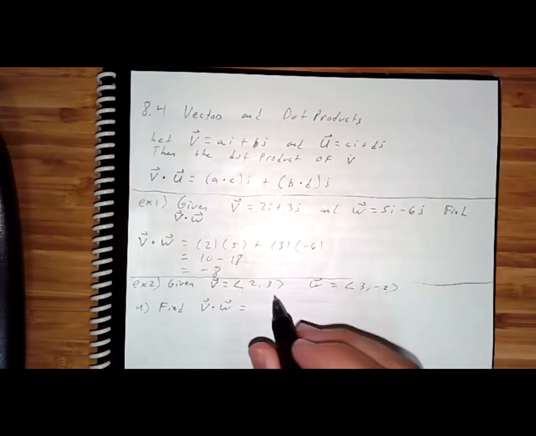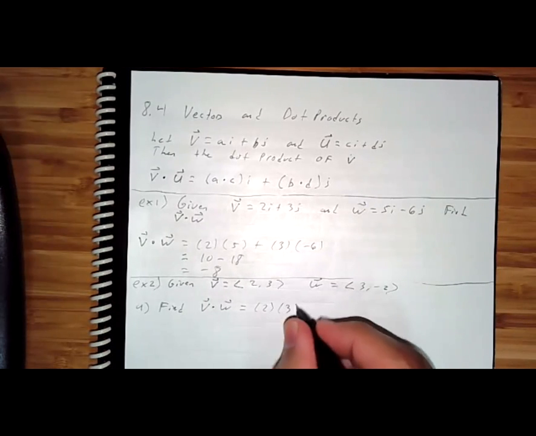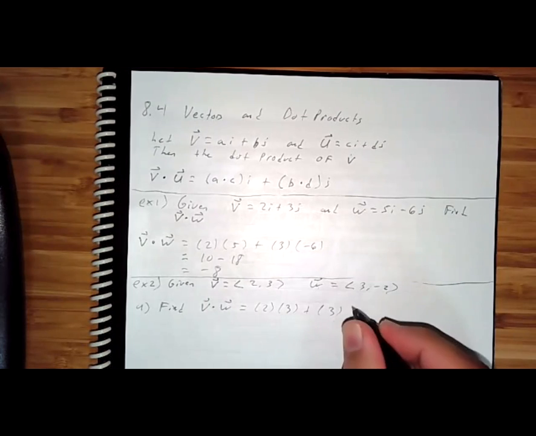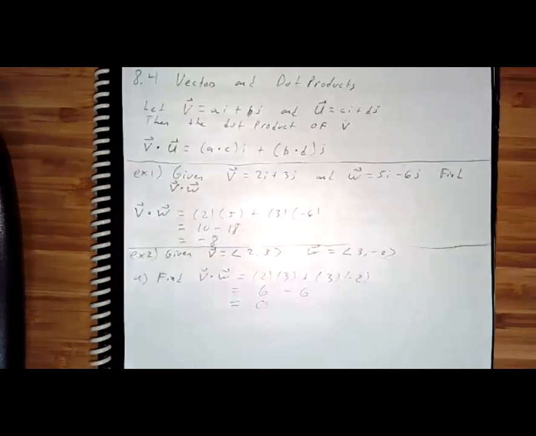So all you got to do, same thing, multiply the i components plus the j components. So this will be 6 minus 6, 0.